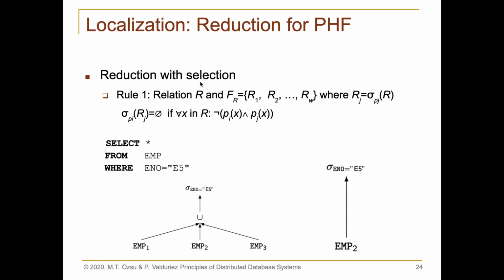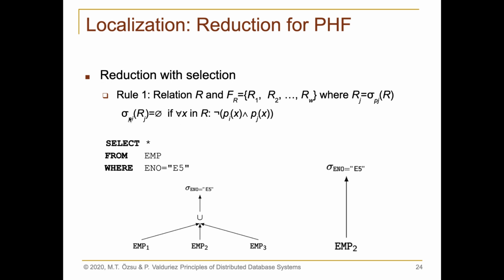This rule says, for relation R and a set of fragments of relation R, where Rj is a primary horizontal fragment defined by Pj on relation R, a selection operation Pi on subrelation Rj yields an empty set if for all tuples X in relation R, the predicates Pi and Pj cannot both hold.